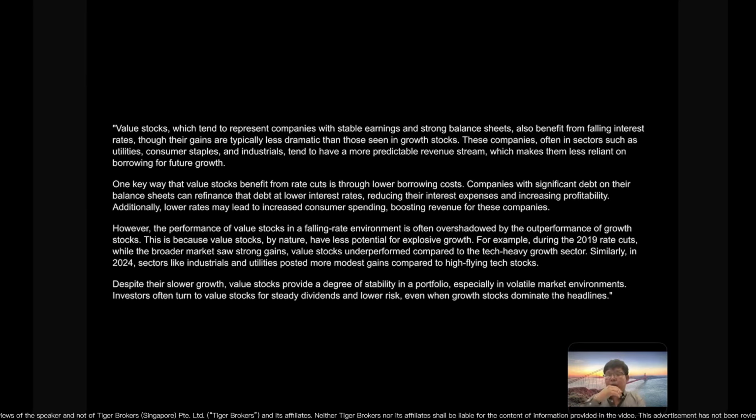Some of the value stocks include consumer spending names, like Starbucks or Procter and Gamble. People have more money to spend, so the company's earnings will increase.